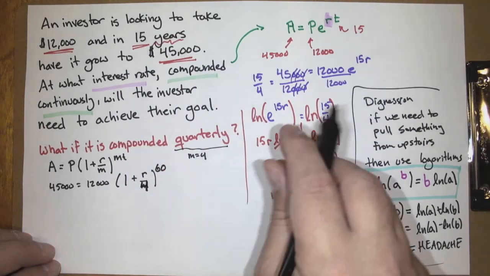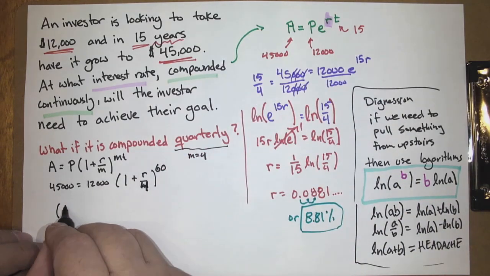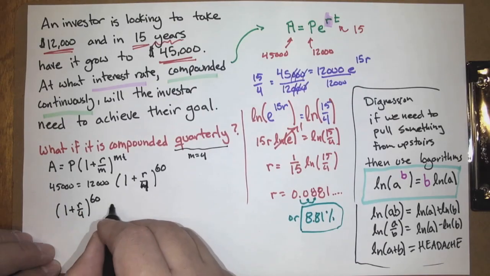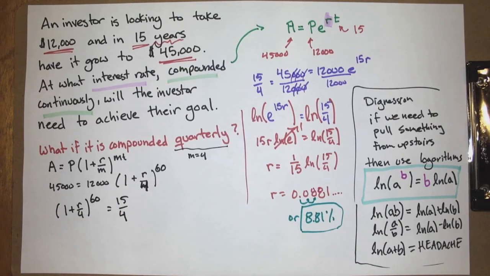I can do the same thing as previously, where I divide to move things across. So you get that 1 plus R over 4 to the 60th power is 15 over 4. We have the same kind of issue, just in a different way.